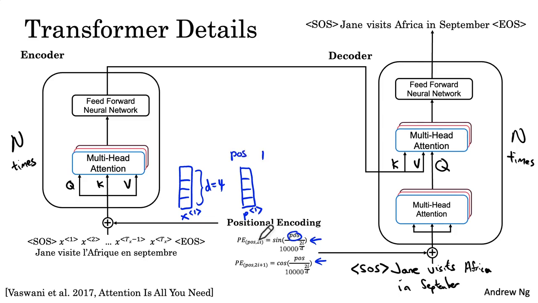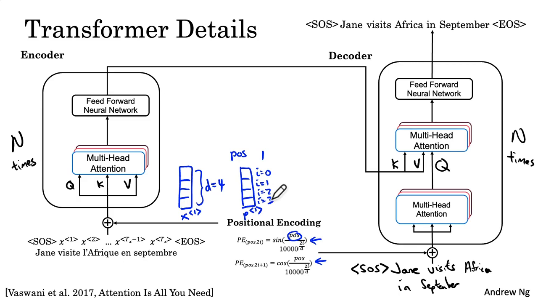And i over here refers to the different dimensions of the encoding. And so this first element corresponds to i equals 0. This element, i equals 1, i equals 2, i equals 3.